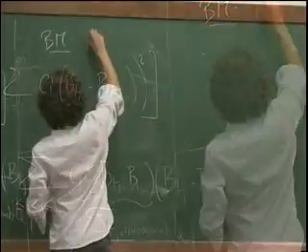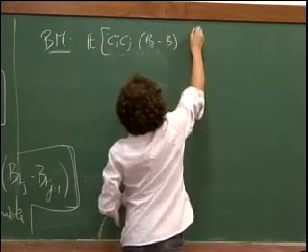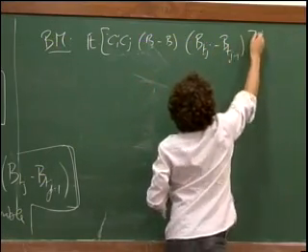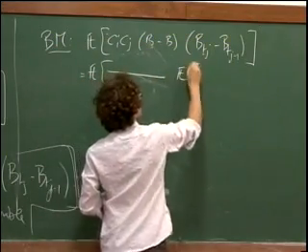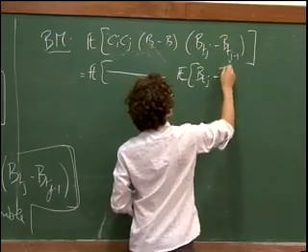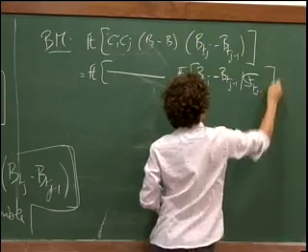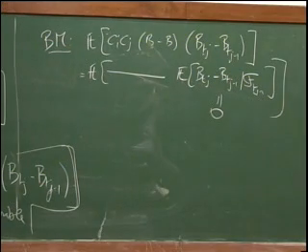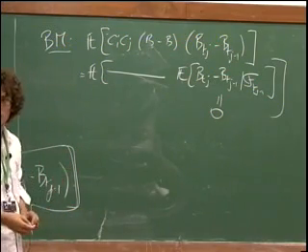So when you look at this, this is 0. Okay, so that's the first property of Brownian motion we use here: the fact that it's a martingale.